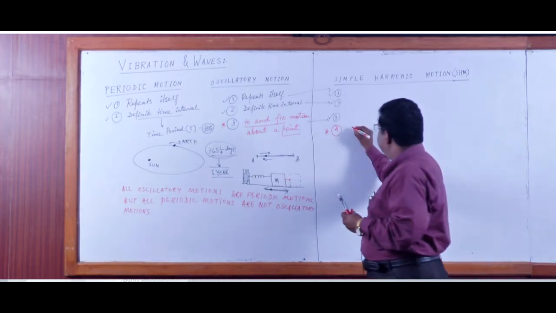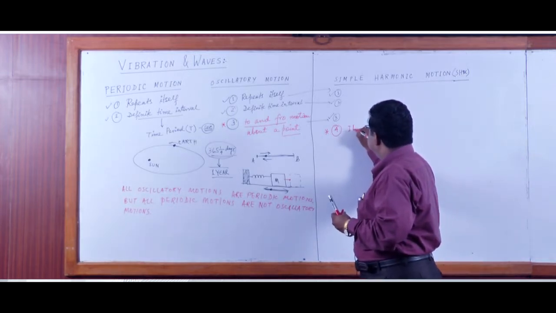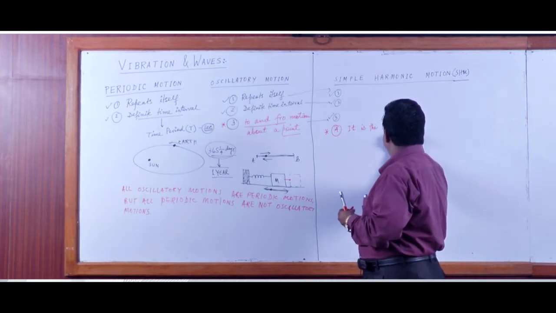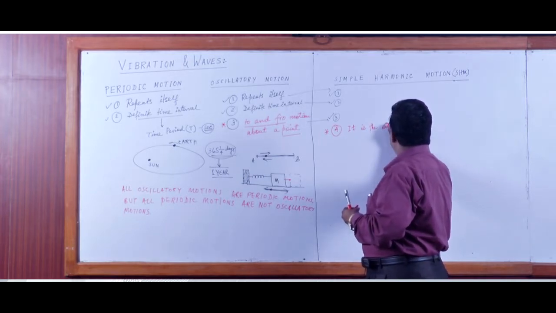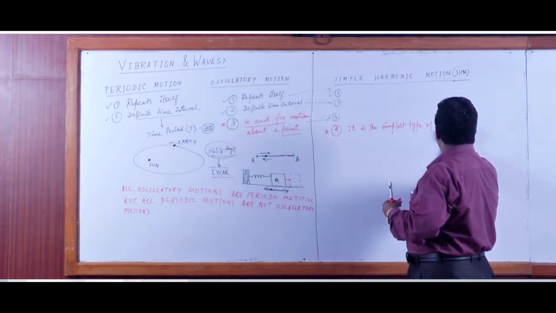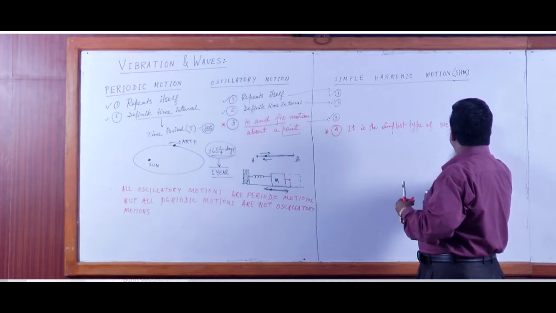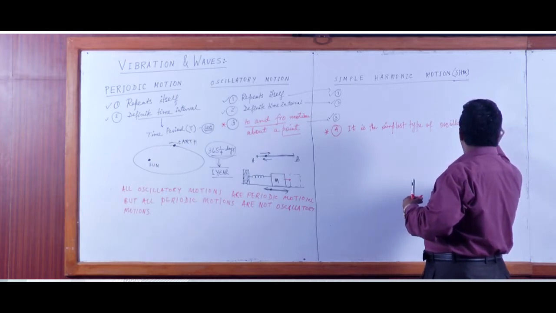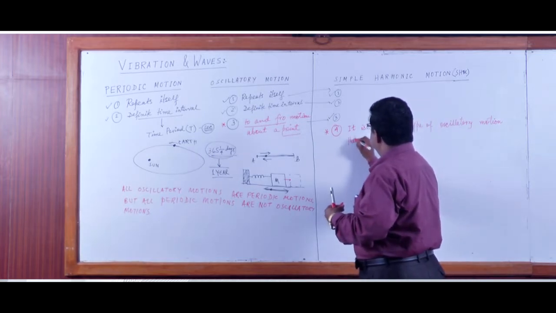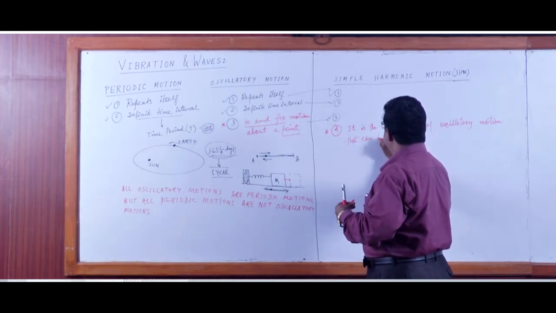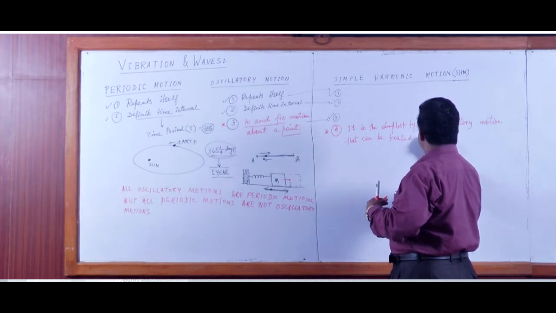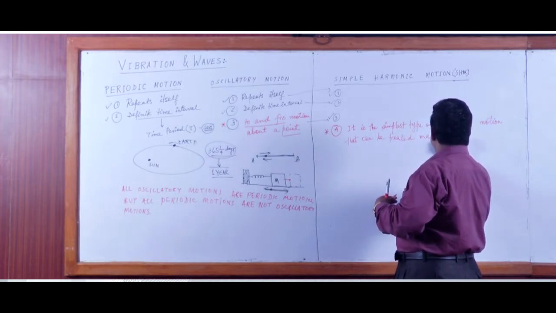Simple harmonic motion is the simplest type of oscillatory motion that can be treated mathematically.